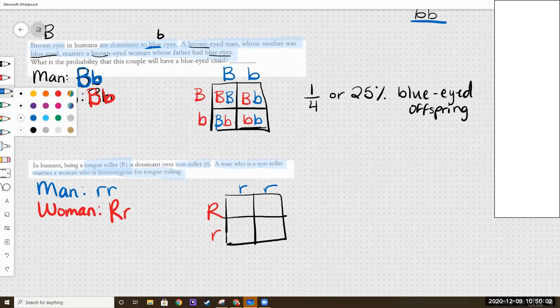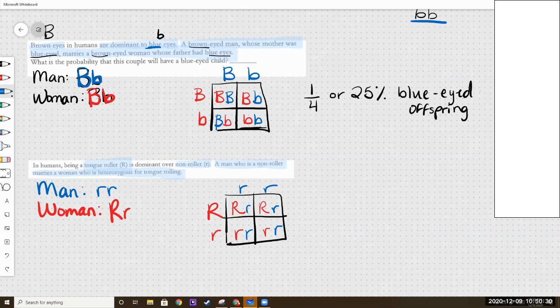So we would have a capital R, little r, and then in this case, a little r over here, a capital R, little r, and then down here, little r.